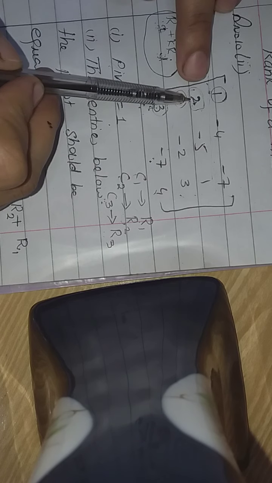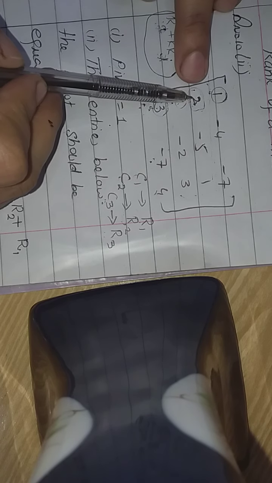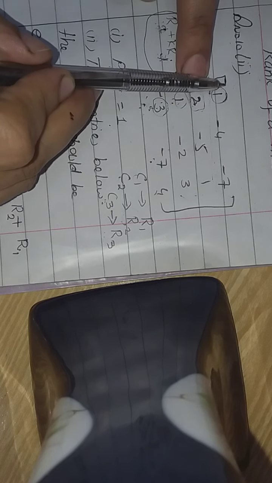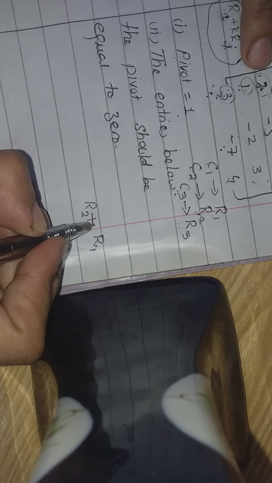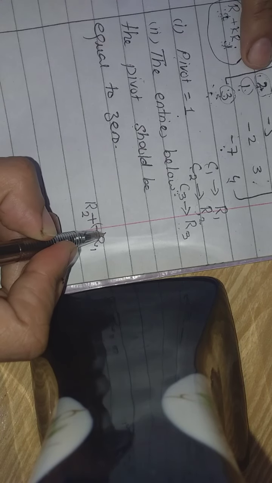Now, if the element is 2 over here and we want to transform 2 to 0, then we are going to multiply the negative of this number, the opposite of this number, to R1, and add it to the same row. As it is equal to 2, we are going to multiply negative 2, which is the opposite of 2, to R1.